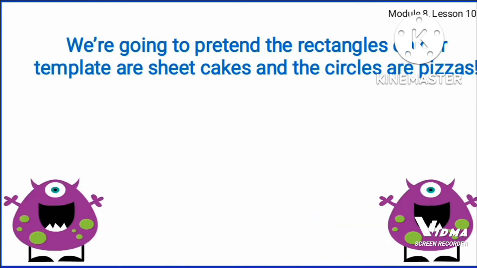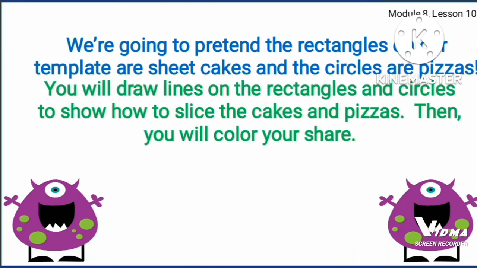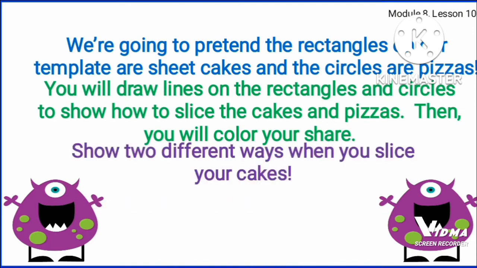Let us pretend that the rectangles on our template are sheet cakes and the circles are pizzas. So we have cakes and pizzas. Will you draw lines on the rectangles and circles to show how to slice the cakes and pizzas? Please do it. Then you will color your share. Show 2 different ways when you slice your cakes.